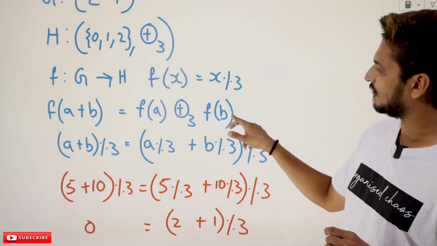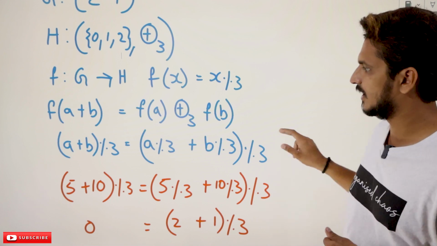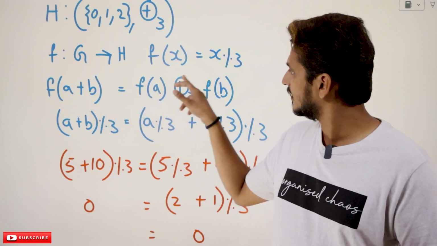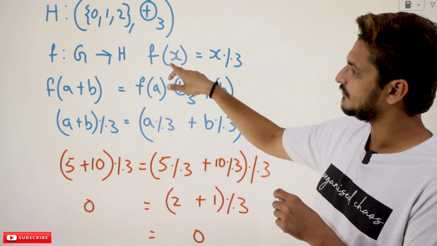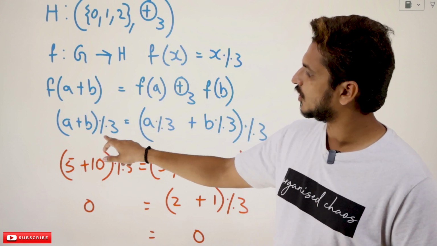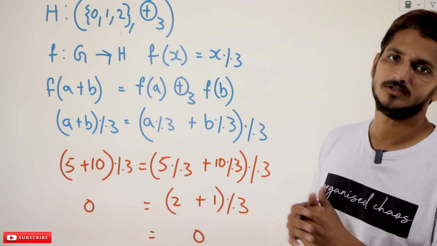So this is what we need to check. What is the condition for f? f of a plus b means a plus b modulo 3, since f of x is equal to x modulo 3.